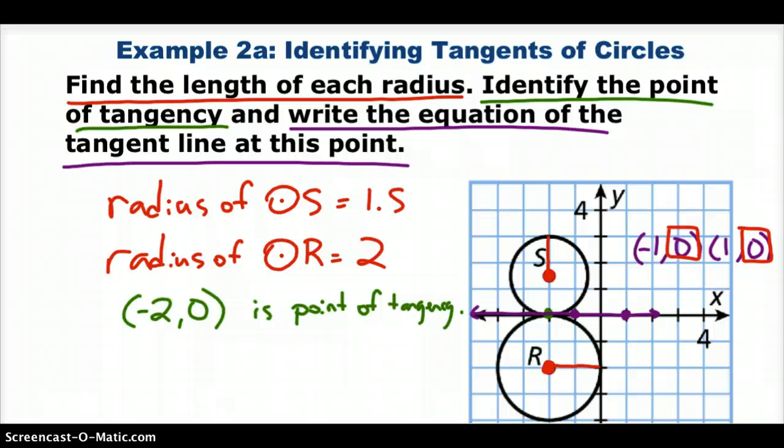So our answer is just y equals 0. We'll call it the tangent equation.